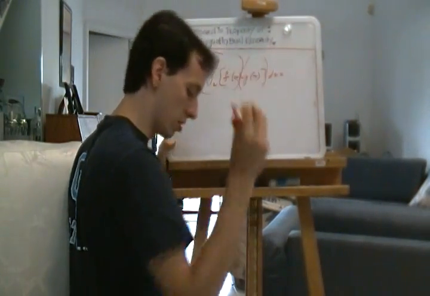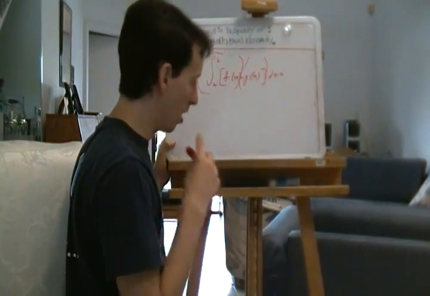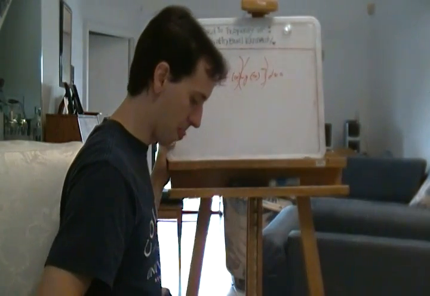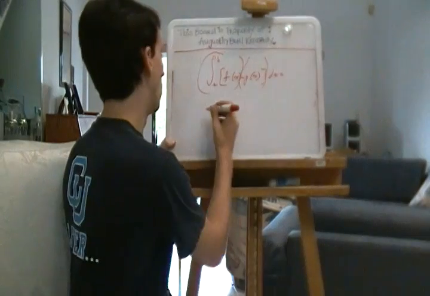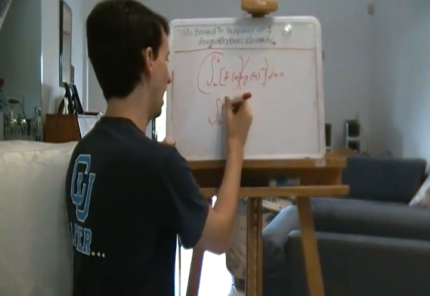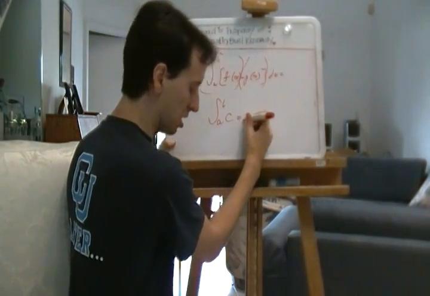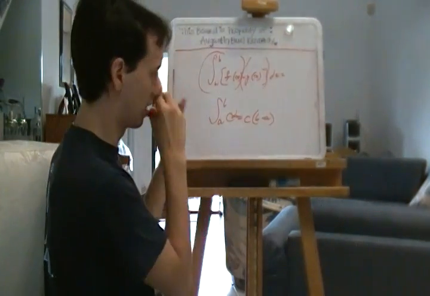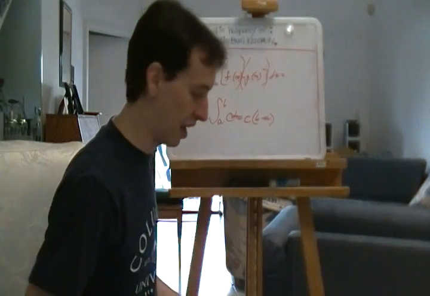Same with the difference. Also, the integral of a constant, from a to b, is c times b minus a. That's something you'll see an explicit reason why next time.